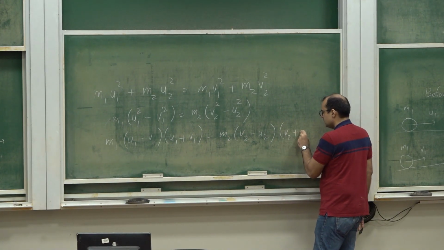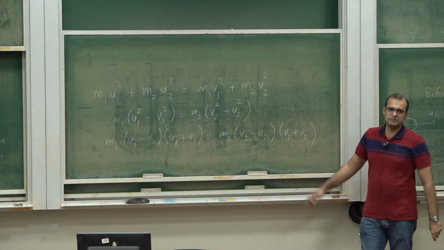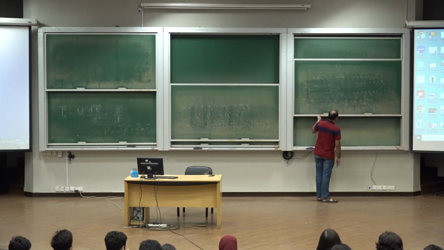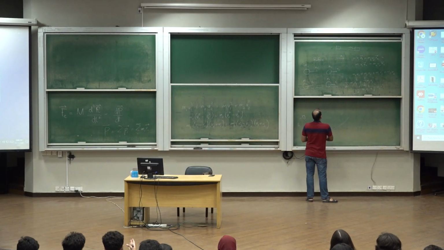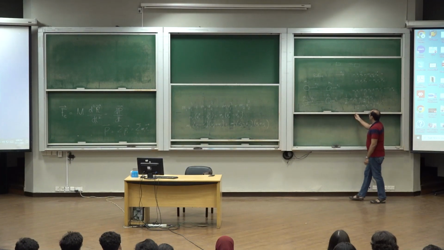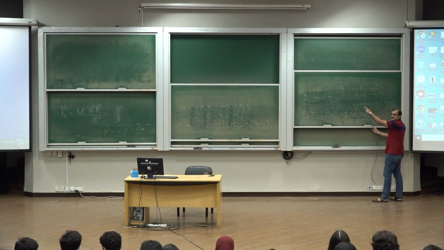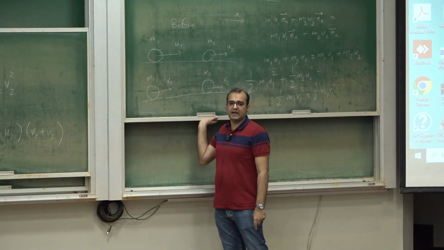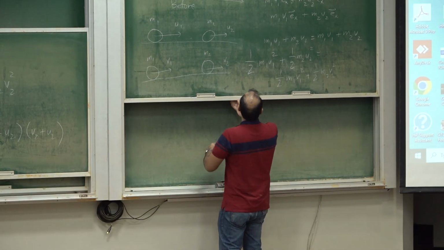This looks very, very similar to your conservation of momentum equation. Because if you write down the conservation of momentum equation, what do you see? Let me rewrite it in another way. Again, to the conservation of momentum equation, I do the same thing. I bring the terms that contain m1 to one side, I bring the terms that contain m2 to the other side.